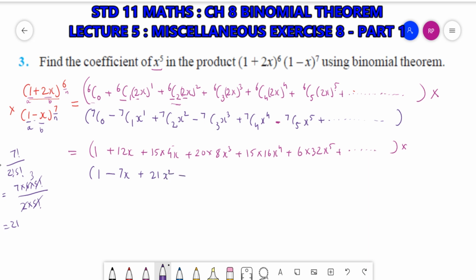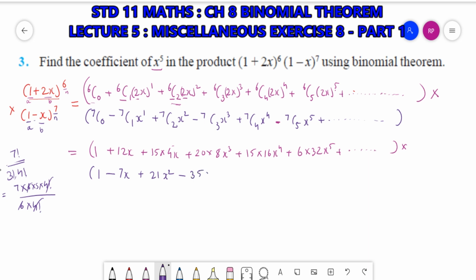Clear. Now minus 7C3 means 7 factorial upon 3 factorial into 7 minus 3, 4 factorial. So this will be equal to 7 into 6 into 5 into 4 factorial upon 3 factorial into 4 factorial. 6 divided by 3 is 2, 2 sevens are 14, 35.